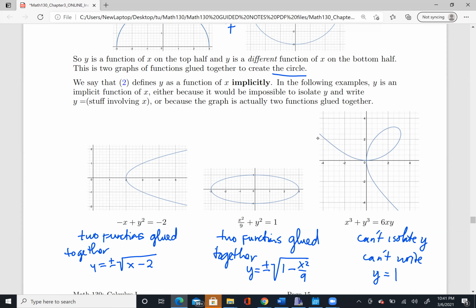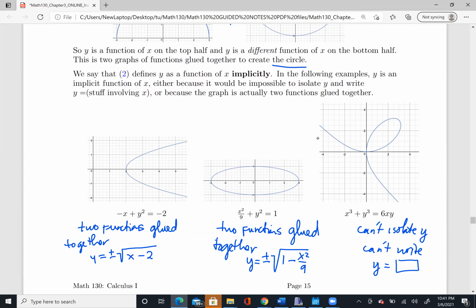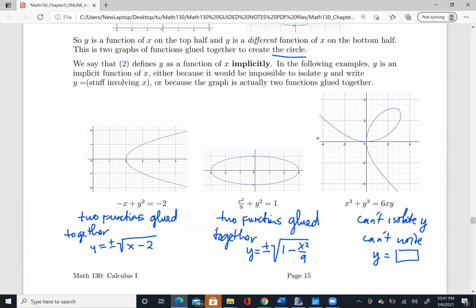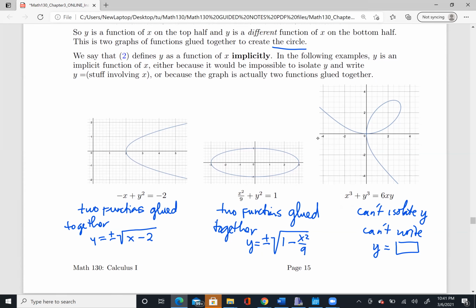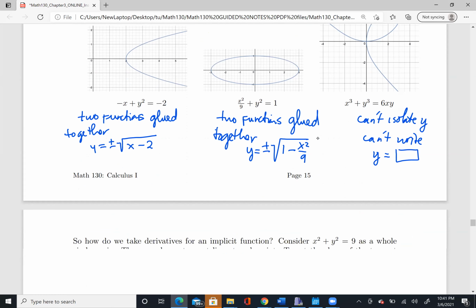You cannot write y equal to a function of x, because you may think about subtracting x cubed from both sides, but you see that the right hand side will still have a function with y.